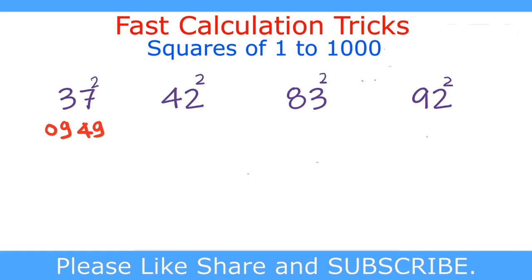Then 3 multiplied by 7 is 21, and 21 times 2 is 42. After leaving the ones place, we write 42, and then we add it. 9, 4 plus 2 is 6, 9 plus 4 is 13, and we write 13. Thus the square of 37 is 1369.